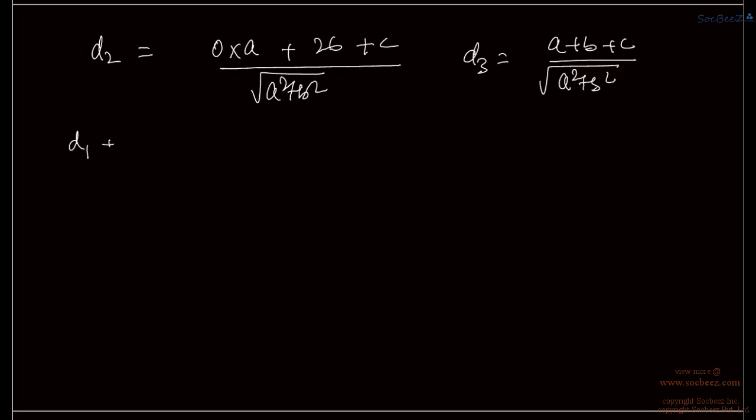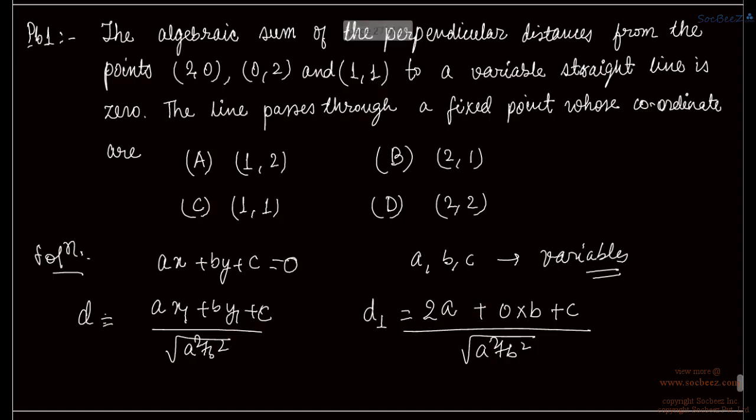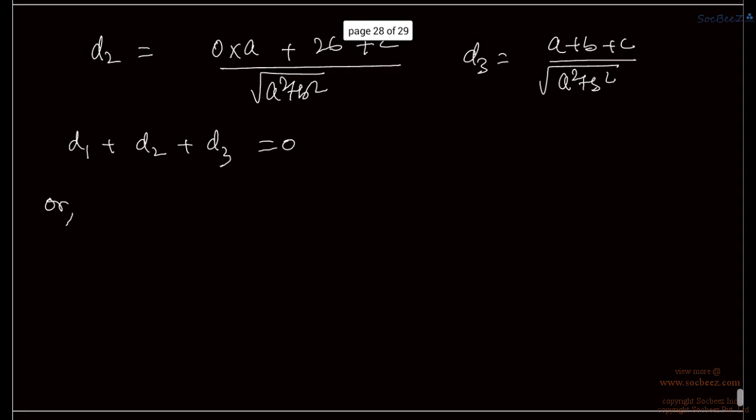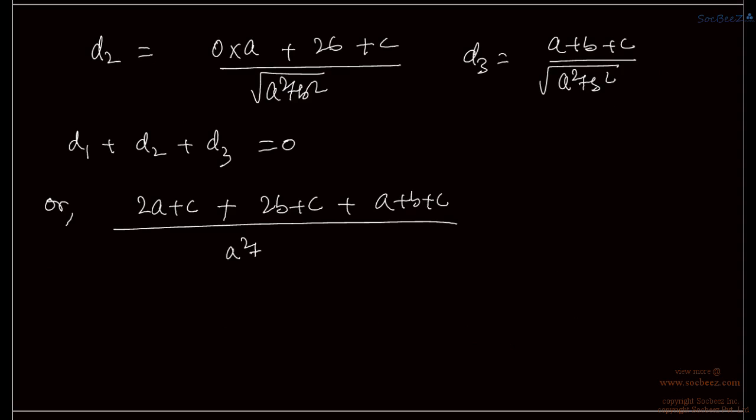Given in the question, d1 plus d2 plus d3 is equal to 0. So we have (2a plus c plus 2b plus c plus a plus b plus c) upon square root of a square plus b square is equal to 0, which means 3a, that is 2a plus a, 2b plus b is 3b, and c plus c plus c is 3c.